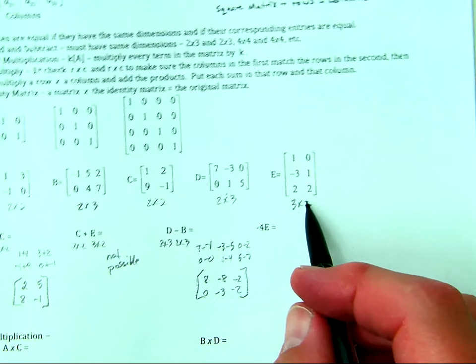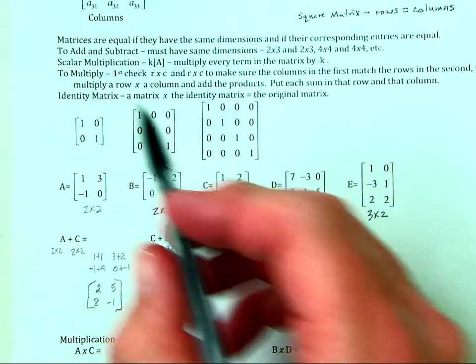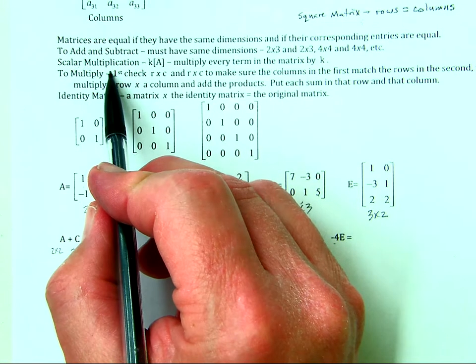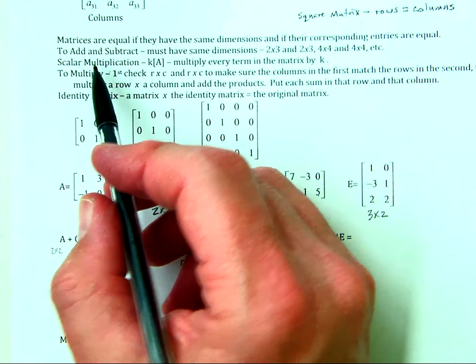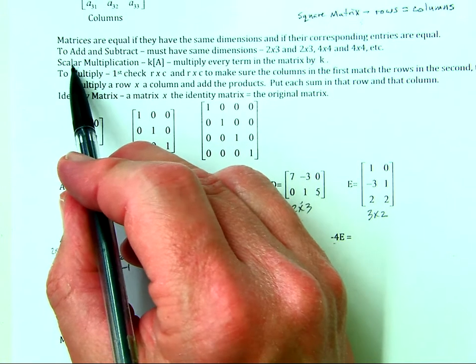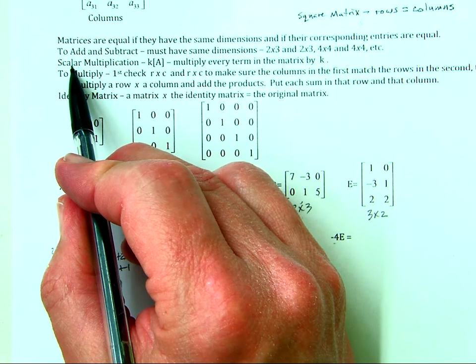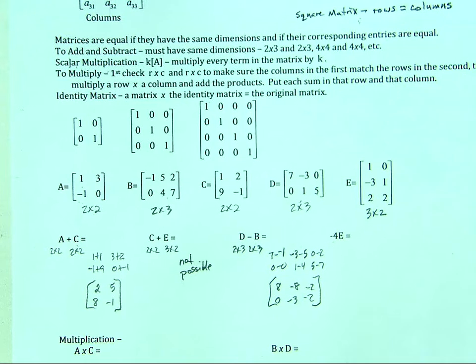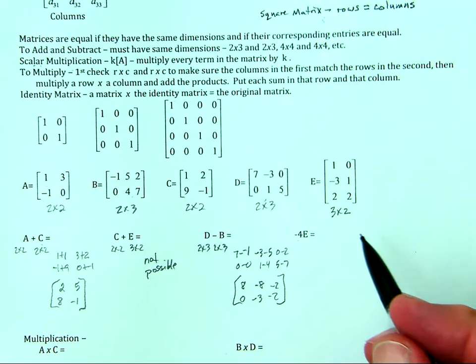Now, if you multiply a matrix times a number, not by another matrix, but by a number, that's called scalar multiplication. We'll do the same thing when we talk about vectors later, because you're multiplying by a number and not another matrix. That's why the term scalar is there. A scalar is not a matrix, it's just a single number. All you do is distribute that number, just like the distributive property.